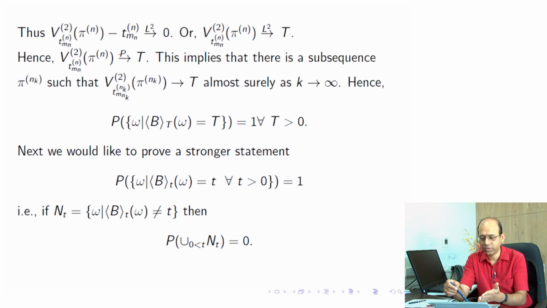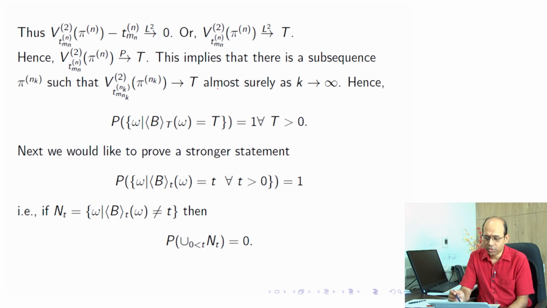Here we just have convergence in probability, and we know that although this is a weaker notion of convergence, there exists a subsequence of this sequence for which we can establish a stronger notion of convergence, that is almost sure convergence. So this implies that there is a subsequence pi_{n_k} such that when I replace n by n_k, T_{m_{n_k}} and the partition is pi_{n_k}, this sequence in k converges to T almost surely as k tends to infinity.